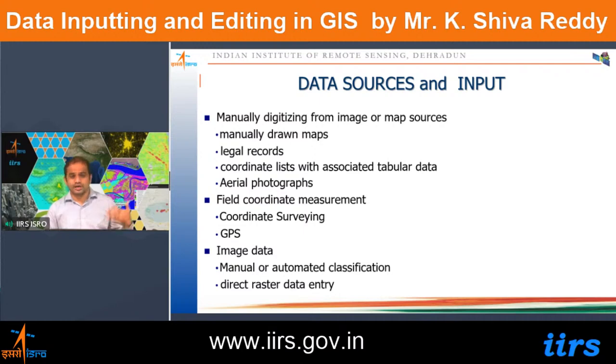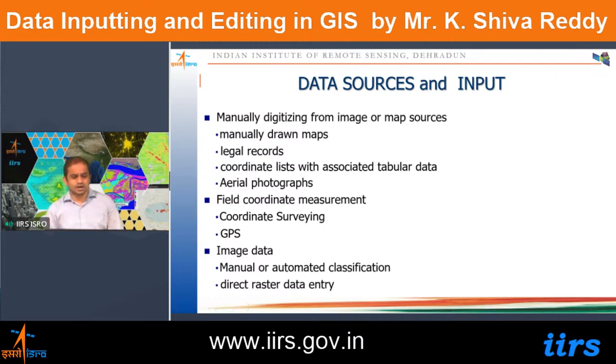If you go to the 90s, 80s, when we go back in time, we cannot rely on modern instruments, because during that time, whatever instruments they used, from there only they collected data. So these legal records also come into the picture, and they can be one good source.